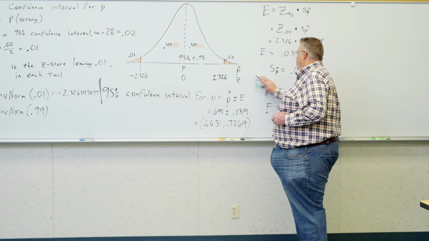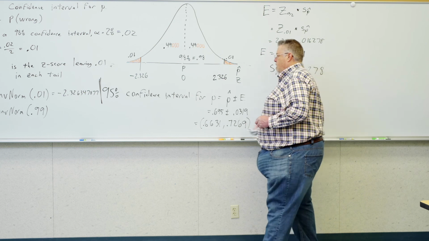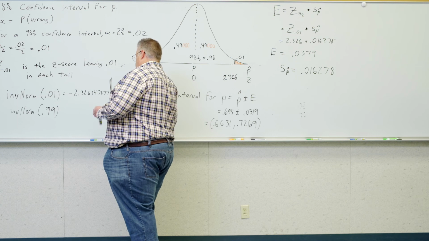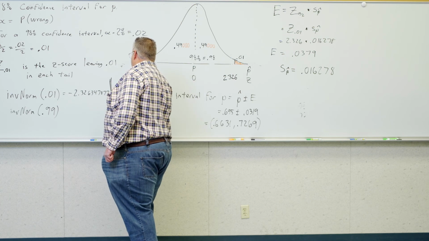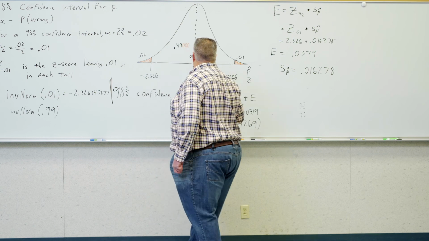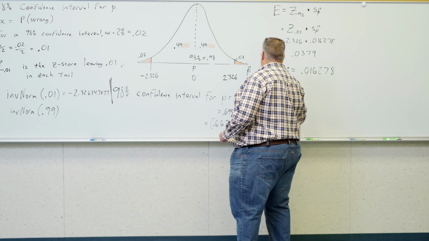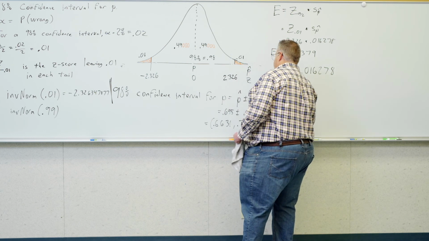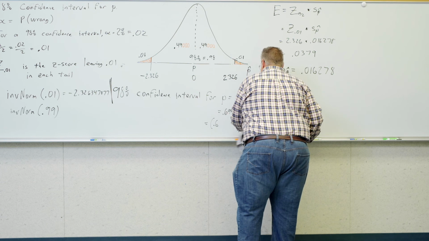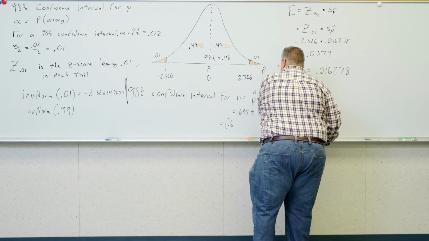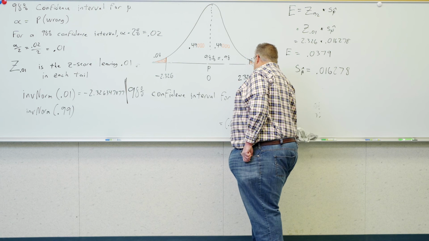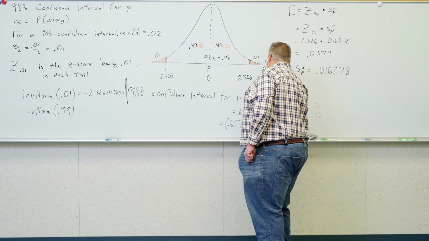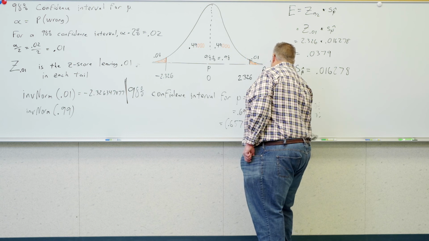And then my confidence interval, making a 98% confidence interval for P. Same P hat, but now my E is 0.0379. And my confidence interval is 0.6571 to 0.7329.